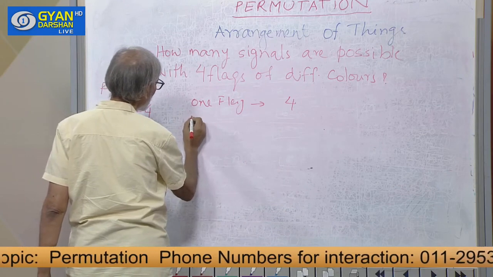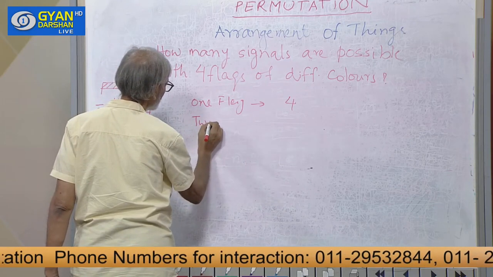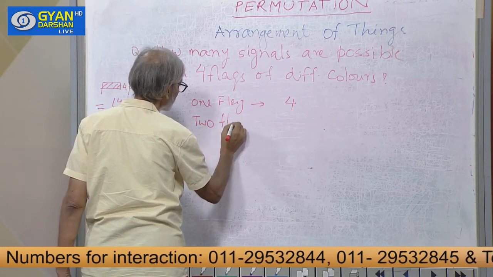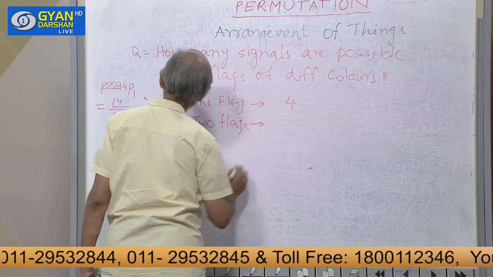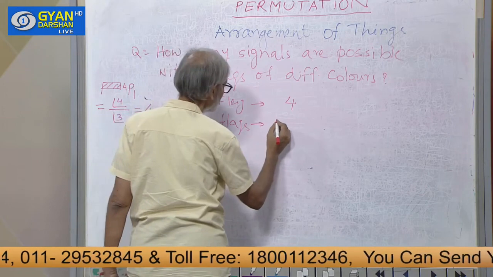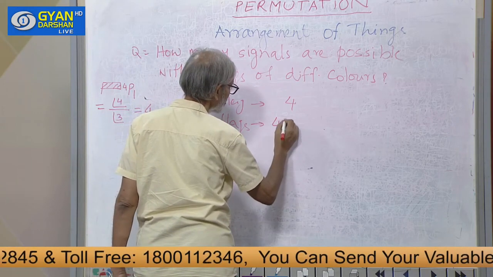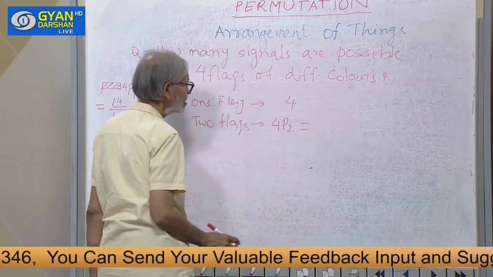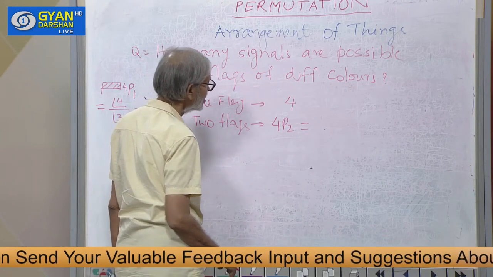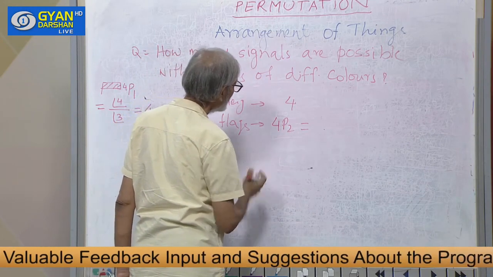Suppose taking 2 flags at a time. So this will be equal to 4 P 2. As we have seen that out of A, B, C, D, we took the combination of 2.